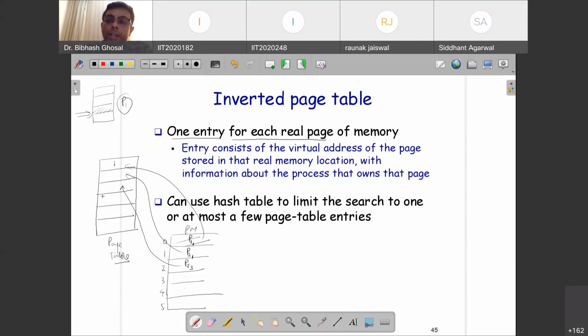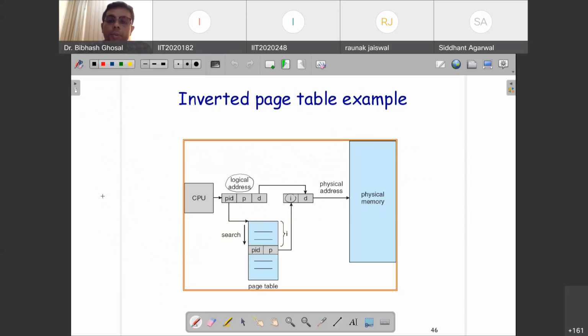So to avoid that, I would be attaching the PID with the address. PID is process ID. And what will the table contain? Very similar to the usual page table. What does a page table contain? The page table contains the frame number.